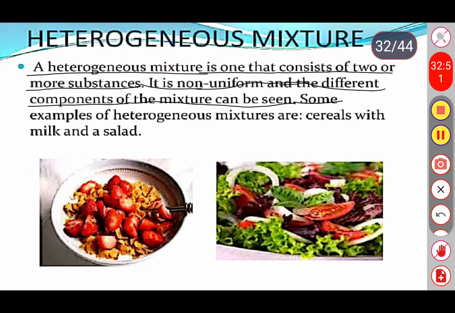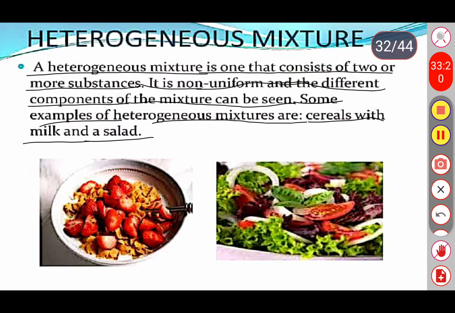All heterogeneous mixtures are made up of two or more different kinds of substances. We do not observe a uniform composition. We can easily separate heterogeneous mixtures. That's why all heterogeneous mixtures have some particular boundaries also.